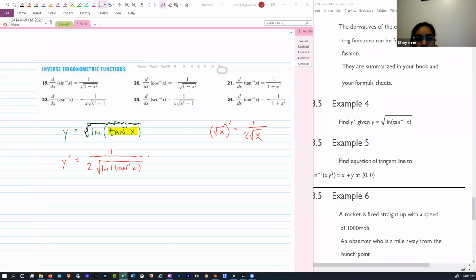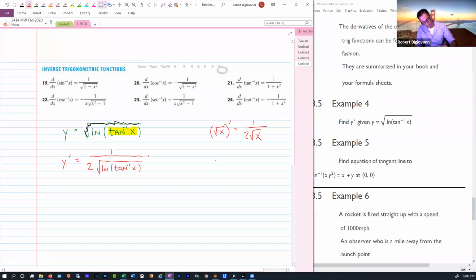Okay, so do you remember from Cal 1 what the derivative of the natural log of x is? No? Okay, everyone be aware that's on your formula sheet, but this is one you should have memorized.